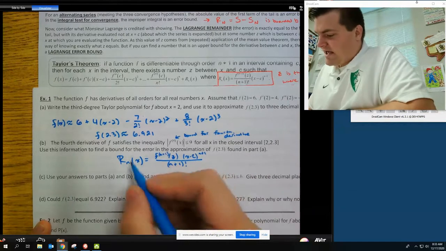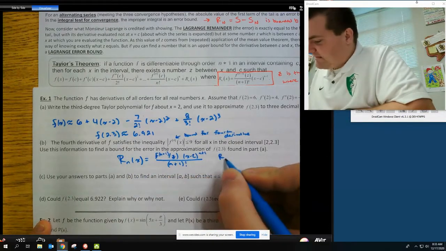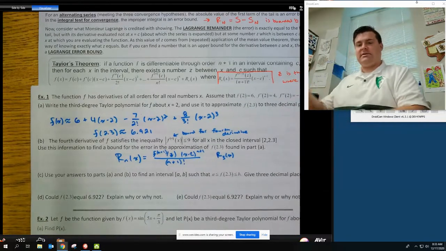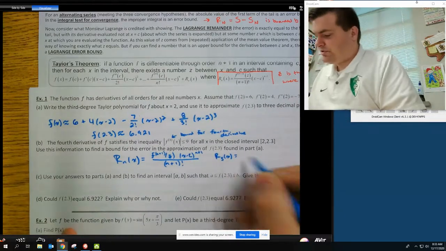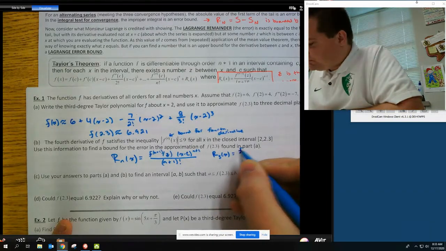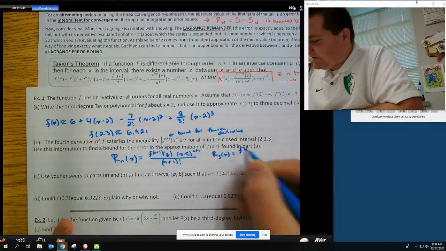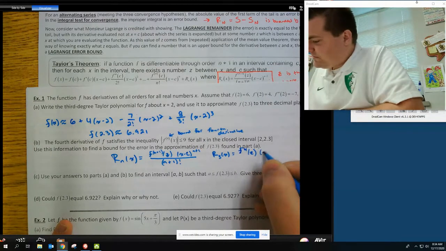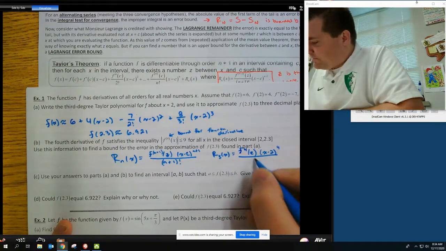So this is the formula. Now I have the third one, right? So I'm looking at the next number, which is going to be 4, and you'll see the 4s pop up here. So this is going to be the fourth derivative. Put a little 4 there. Fourth derivative of this z value, times x minus 2 to the fourth, all over 4 factorial.